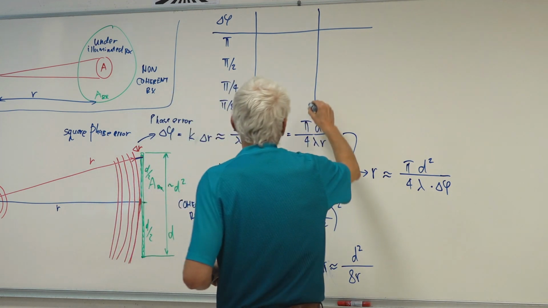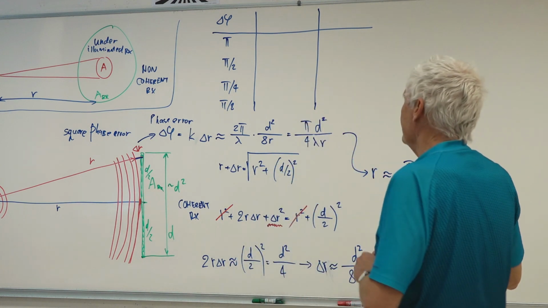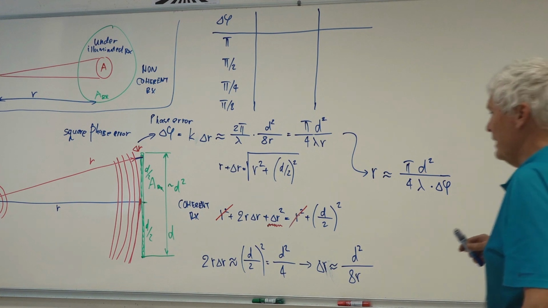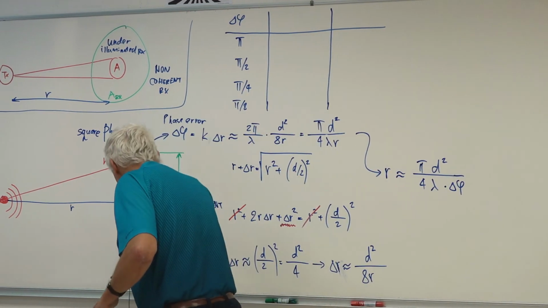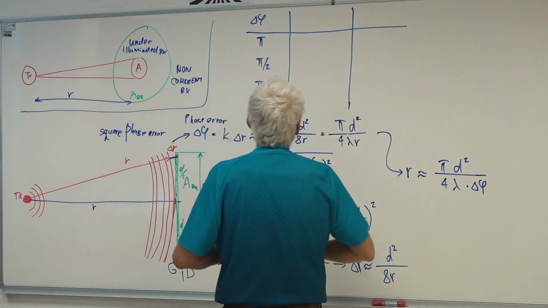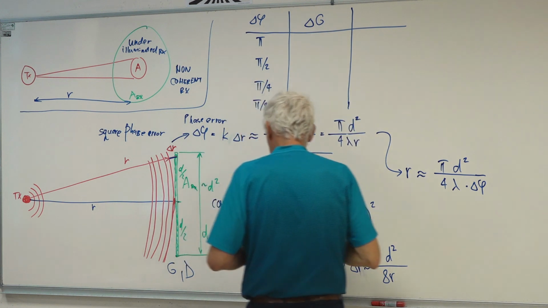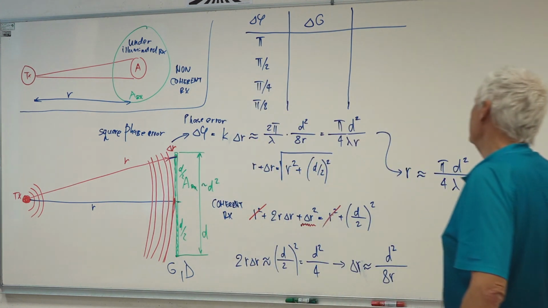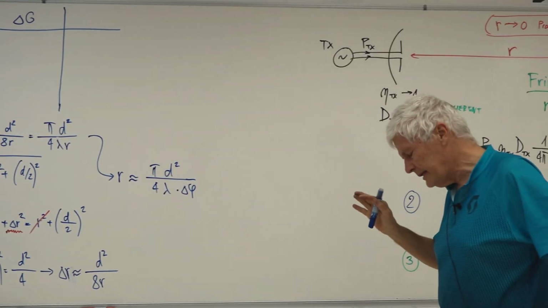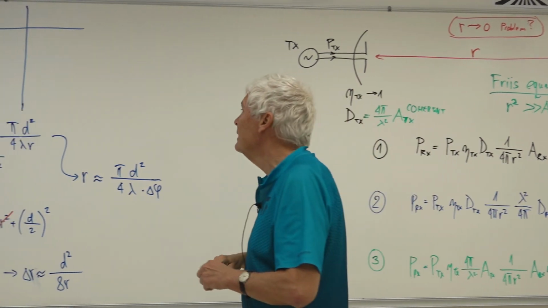So for four different phase errors, what is the contribution to the actual gain I get out of this antenna, because I'm going to measure gain or directivity of this antenna. What is the change in gain? We are going to see later how to get this result, and I'm just going to write the result this hour because I don't have the time to do anything else.